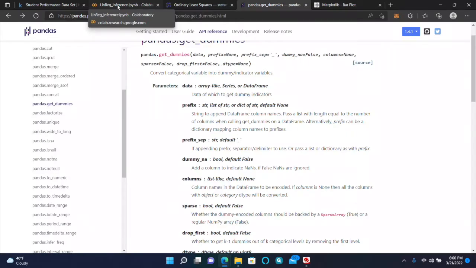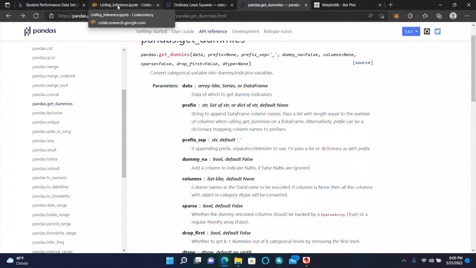If you set drop_first=True, then for a single binary column you get one column of zeros and ones, whereas if you set it to False, you get two columns. Say for sex, what we want is a single column where 0 refers to either male or female and 1 refers to the other.